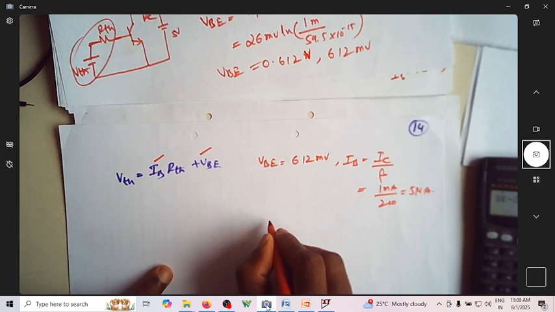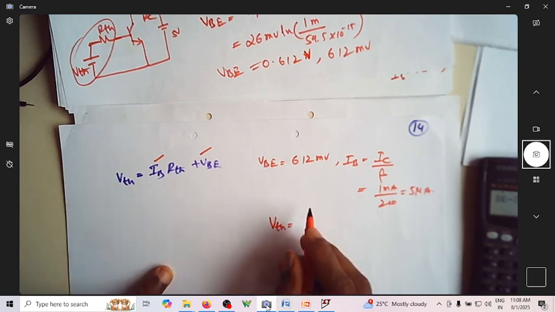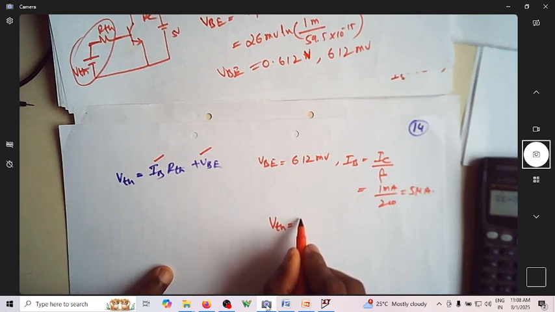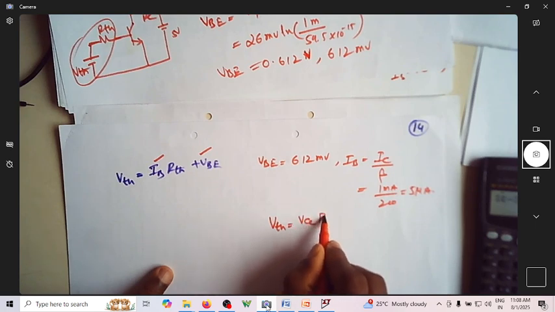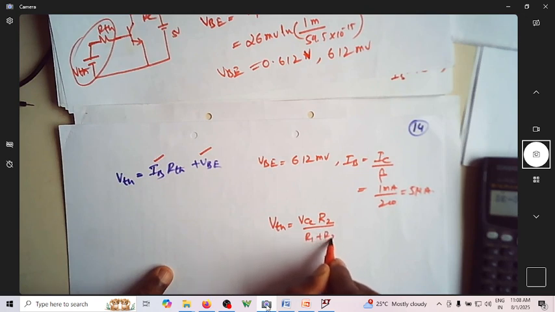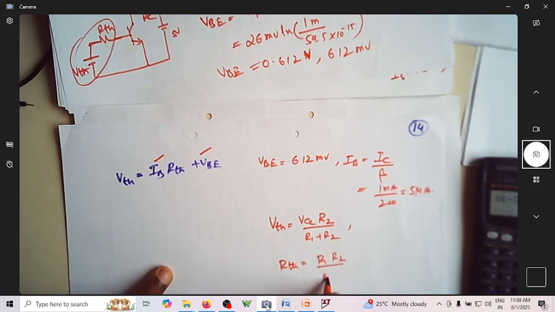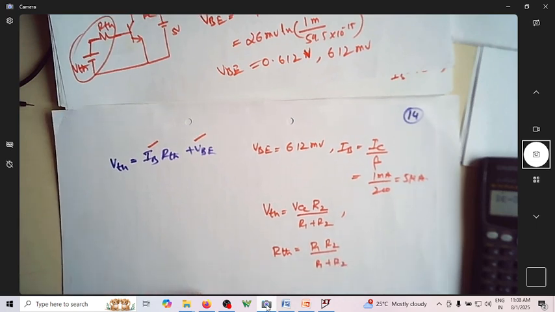So now what is VThevenin? VThevenin is VCC into R2 by R1 plus R2. What is RThevenin? RThevenin is R1 R2 by R1 plus R2. Correct?